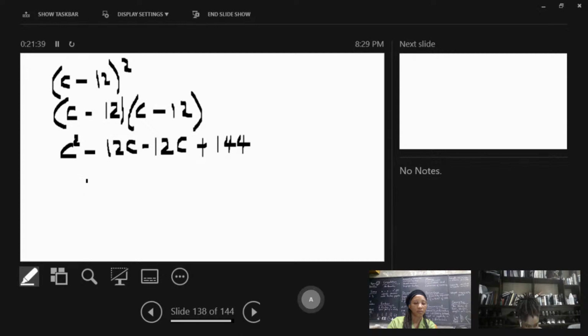C squared is equal to, no, these are expressions. They're not equal to anything. I'm sorry, C squared minus 24C plus 144. All right. So tell me if and how it follows the rule.